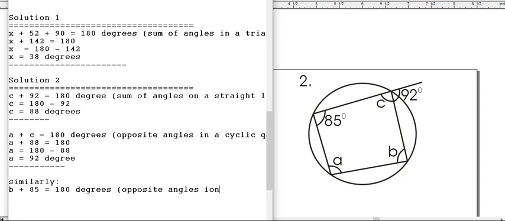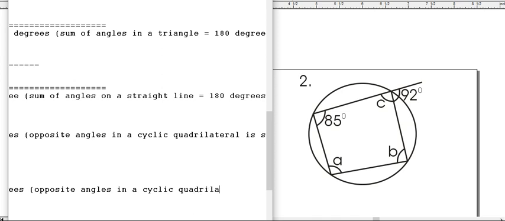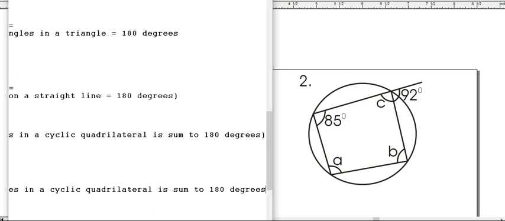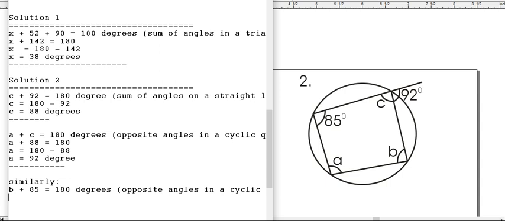Opposite angles in a cyclic quadrilateral sum to 180 degrees. Hope you are following.